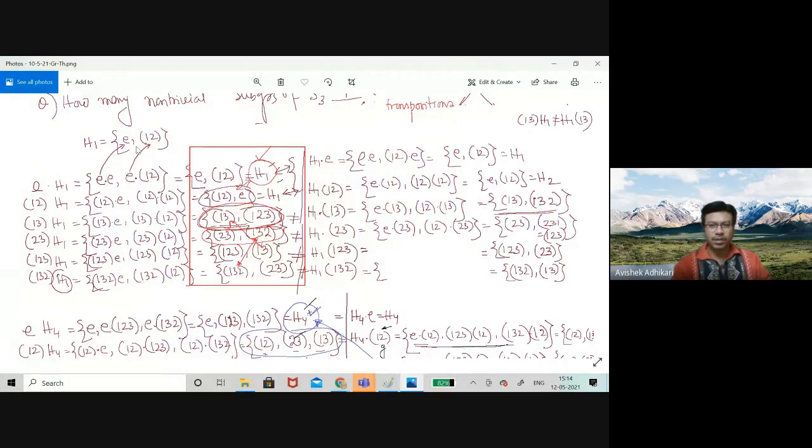For example, we have seen in many cases that (1 3)H1 is not the same as H1(1 3). In our last class we have already checked this.